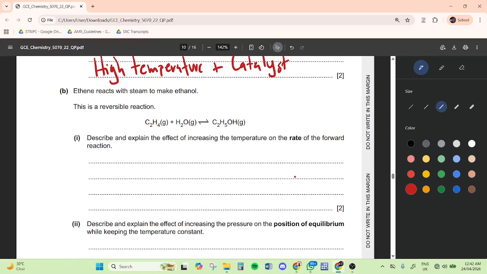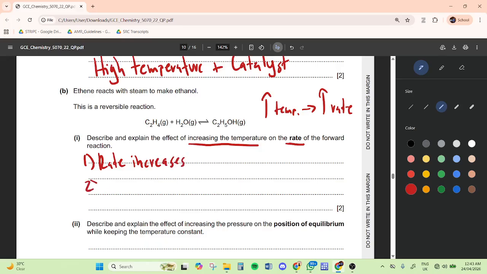Describe and explain the effect of increasing the temperature on the rate of the forward reaction. So this is talking about the rate. We don't want to know whether you're going to get more product or more reactant. Because it's talking about the rate, anytime you increase the temperature, your rate also increases. So why is that the case? You're going to write down rate increases.